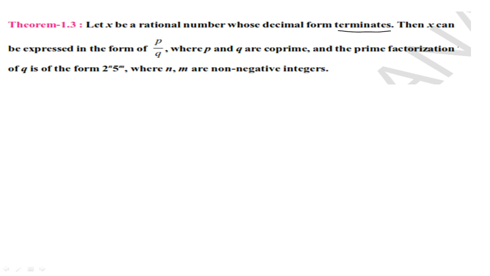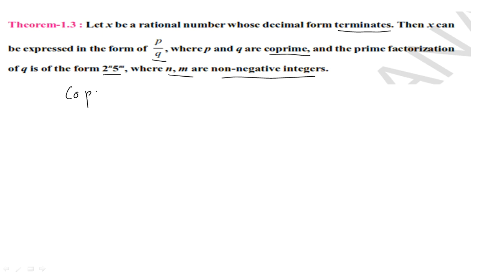Then x can be expressed in the form of p by q, where p and q are co-primes, and the prime factorization of q is in the form of 2 power n into 5 power m, where n and m are non-negative integers. Terminates is nothing but stops.